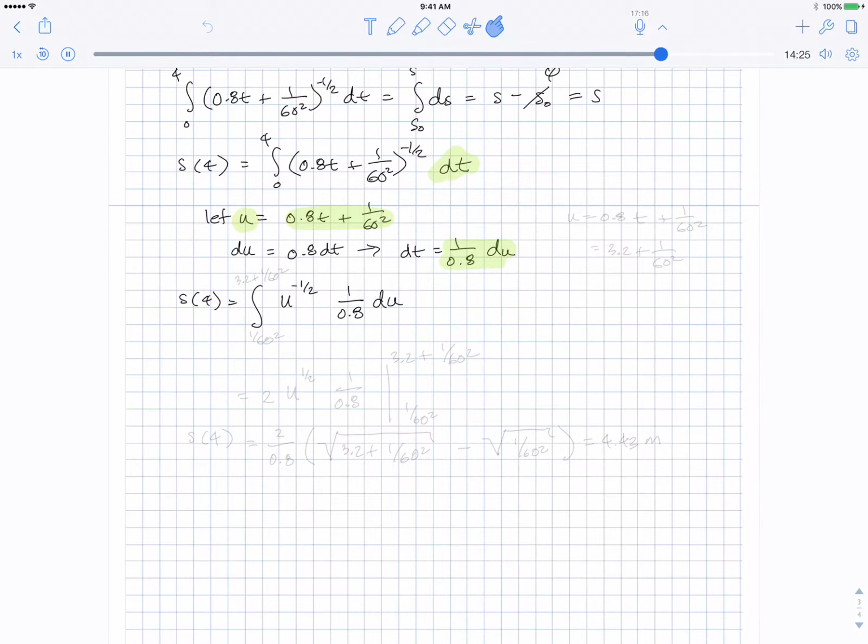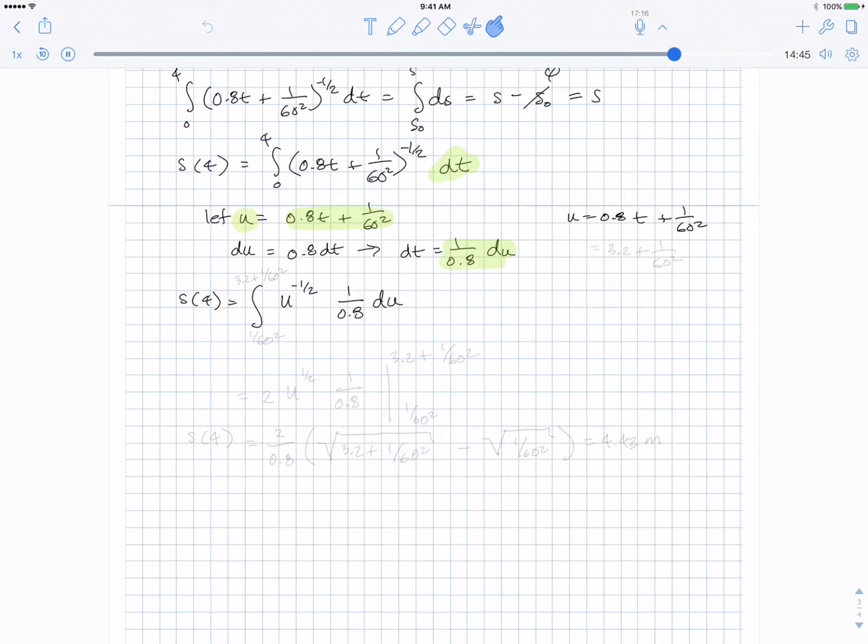So I can do that integral, add 1 and divide by the exponent. But what we need to figure out is, when t equals 0, what does u equal? So u is 0.8t plus 1 over 60 squared.